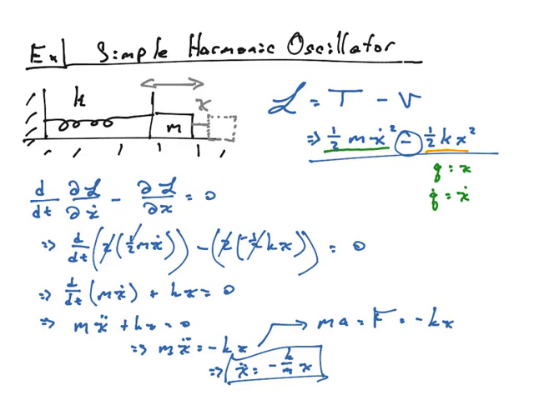So there's a simple harmonic oscillator. Very easy, not too big of a deal. A little more complicated than just using Newton's laws. Newton's laws just say F equals ma. Ma is equal to the force, and we know the force is minus k x. But here we've derived it completely independent of Newton's laws, and we get exactly the same equation. So very nice.